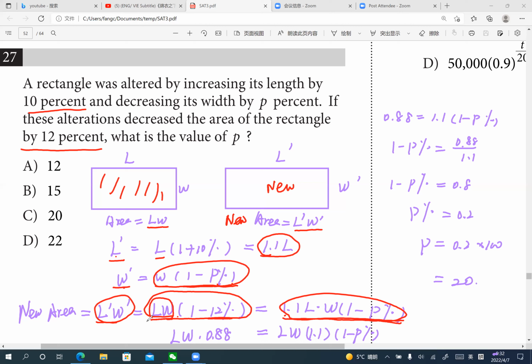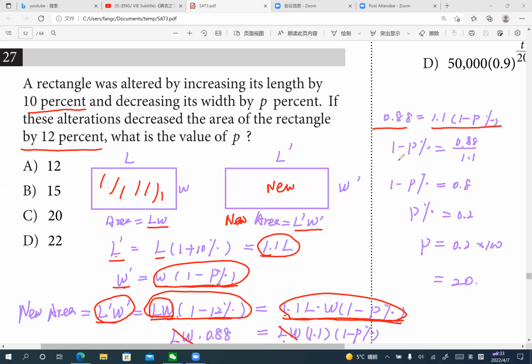After we simplify, the left side of the equation is LW times 0.88, and the right side is LW times 1.1 times 1 minus p%. We can cancel out LW, then we get 0.88 equals 1.1 times 1 minus p%.